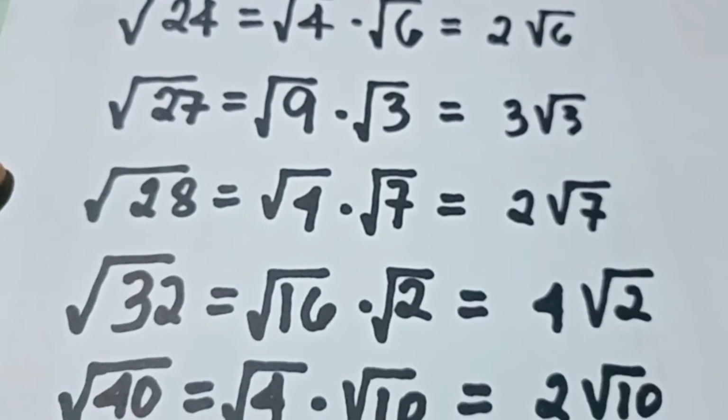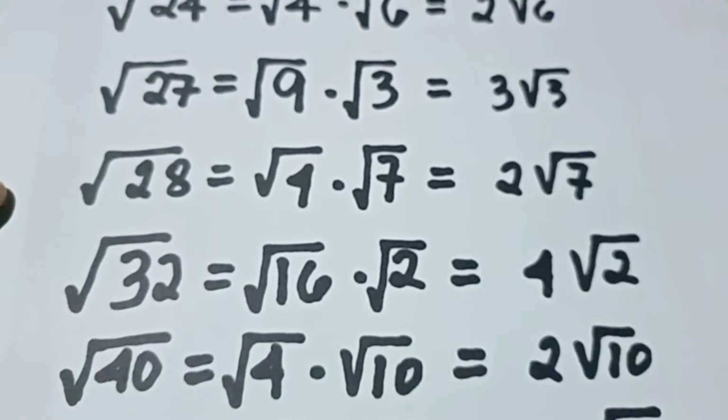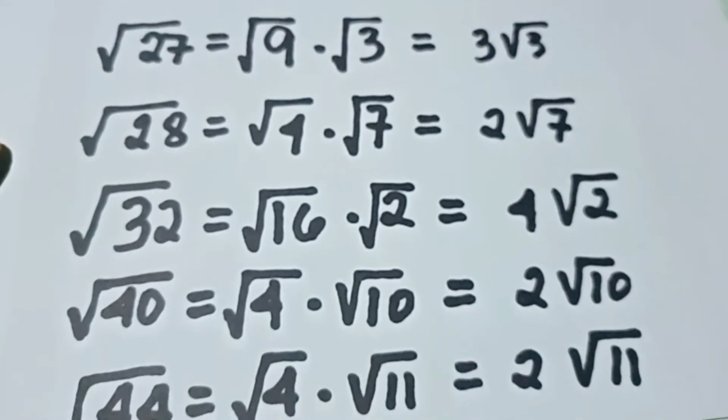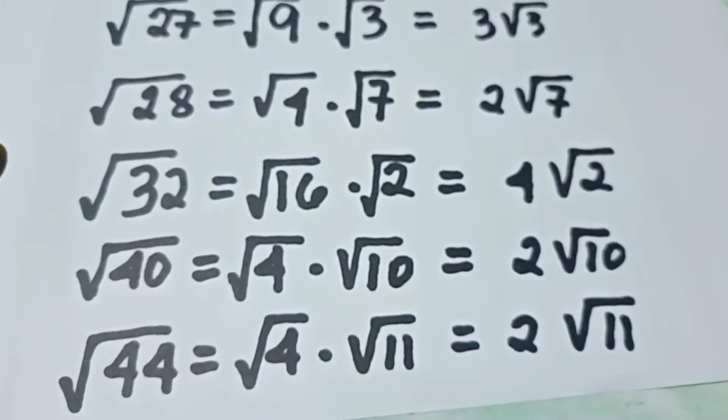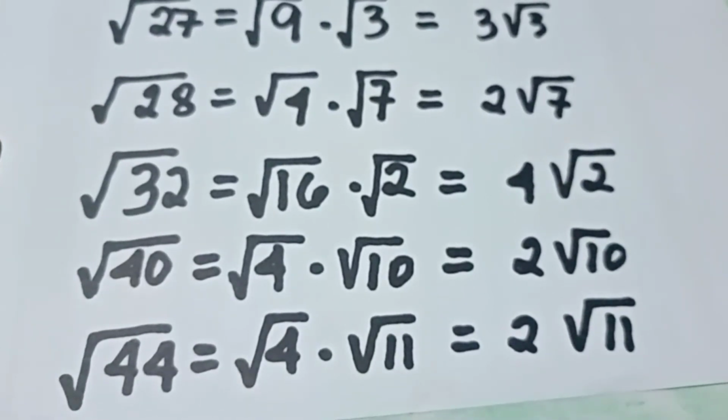Next, square root of 32 equals square root of 16 times square root of 2 equals 4 square root of 2. Next, square root of 40 equals square root of 4 times square root of 10 equals 2 square root of 10. Next, square root of 44 equals square root of 4 times square root of 11 equals 2 square root of 11.